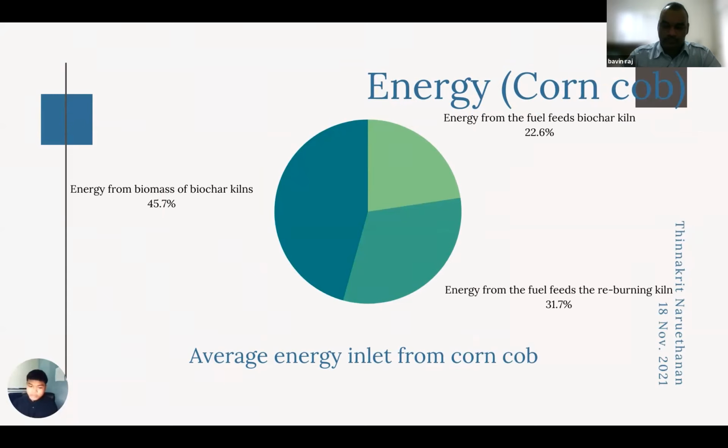First, for corncob, 45.7%, 22.6%, and 31.7% respectively.